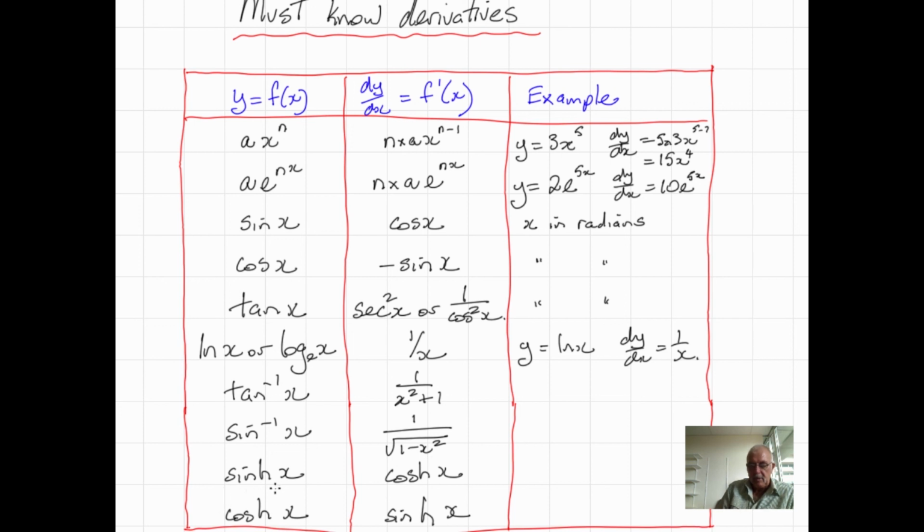We came across sinh and cosh. The derivative of sinh x is cosh x. And unlike those up here where you go sin, cos, negative sin, with these functions you do not put the negative in. So the derivative of sinh is cosh and the derivative of cosh is sinh. Once again x in radians.